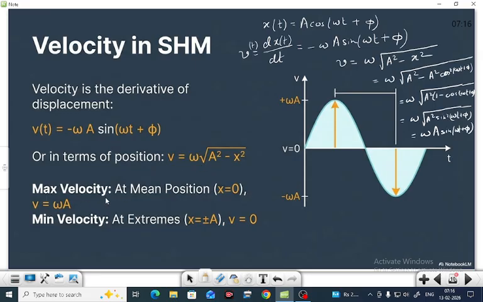Maximum velocity occurs at the mean position. The maximum value of sin(omega t plus phi) is 1, so v equal to omega a is the maximum velocity.